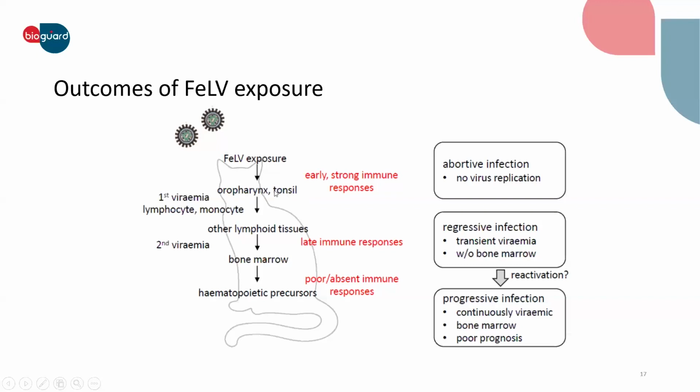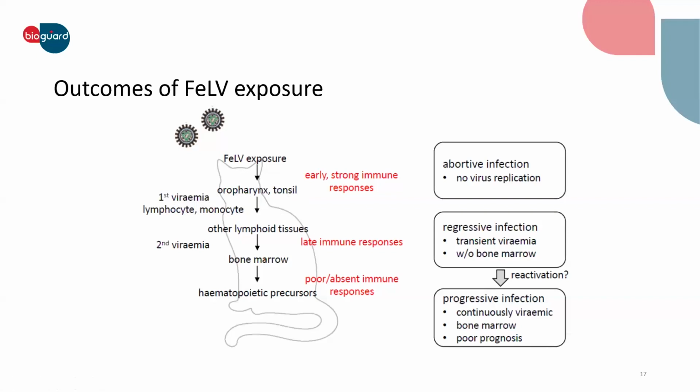Once it infects the lymphocytes inside the tonsil, it will produce the primary viremia, because of the infection of lymphocytes and monocytes. And that primary viremia will bring the FeLV virus to other lymphoid tissue.